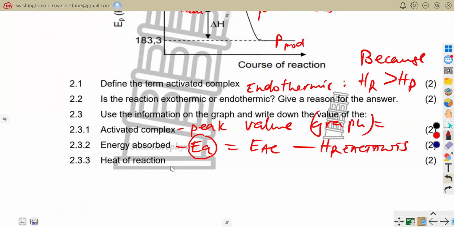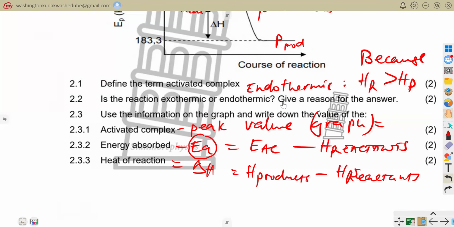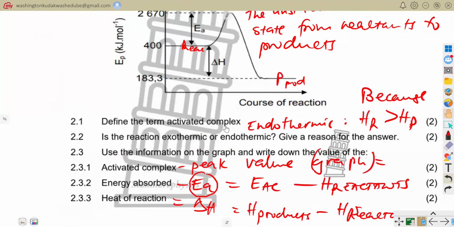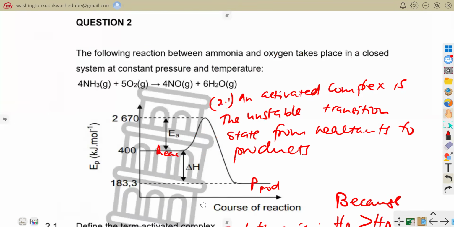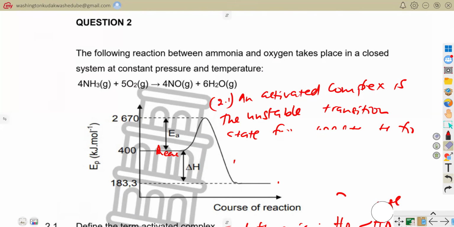Now, heat of reaction is more like the enthalpy change, which is just given by enthalpy of products minus enthalpy of reactants. So this is what you're supposed to do and then give the values. So this is what we want to do using the graph that is given below. So we are doing 2.3.1 up to 2.3.3. So let me wrap this up so that I can write my answers here.